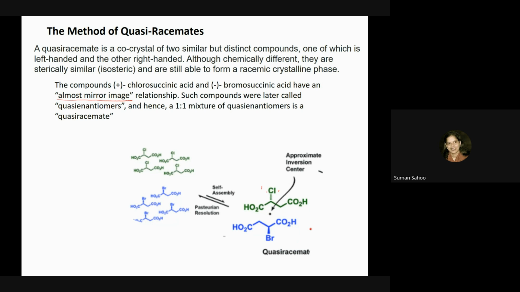If we change these two groups, and these two groups are different, such compounds are called quasi-enantiomers. So if we have a 1:1 mixture of quasi-enantiomers, that forms a quasi-racemate. So how will we determine the configuration of an unknown compound by this method?